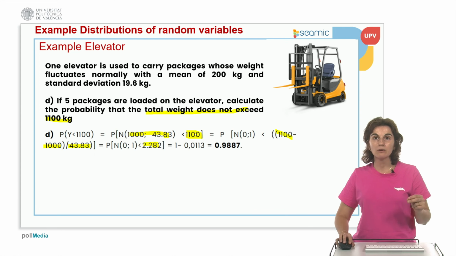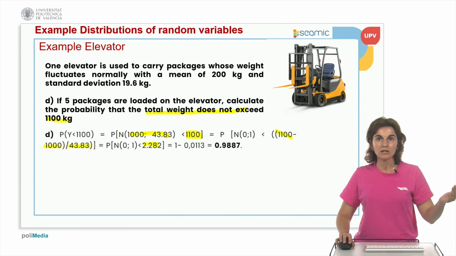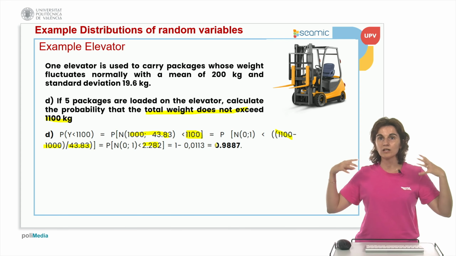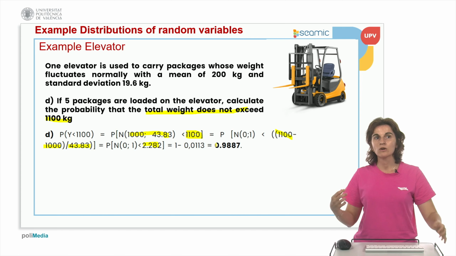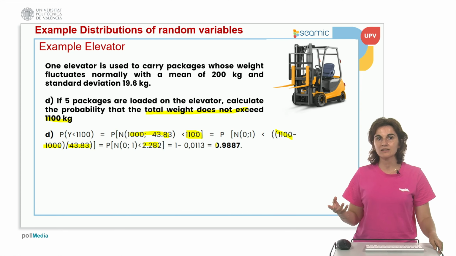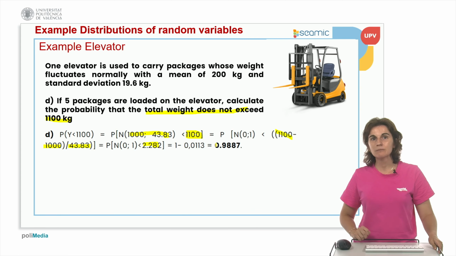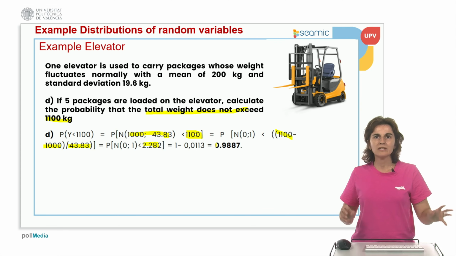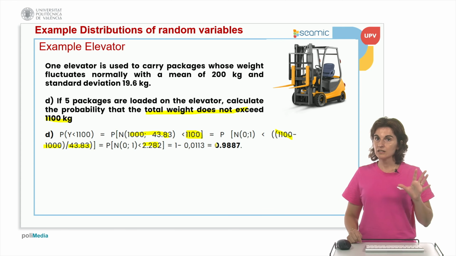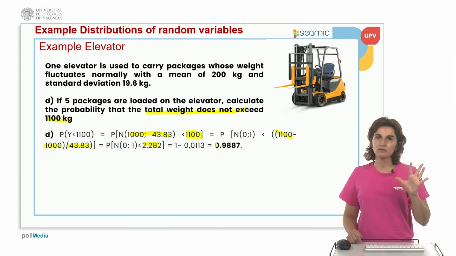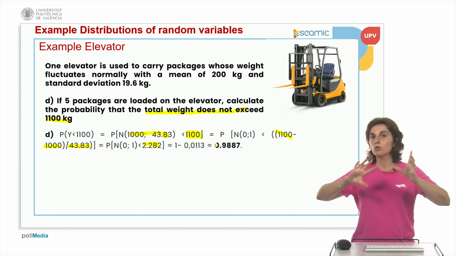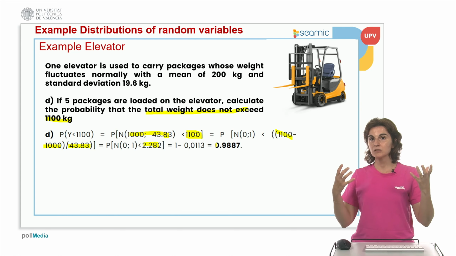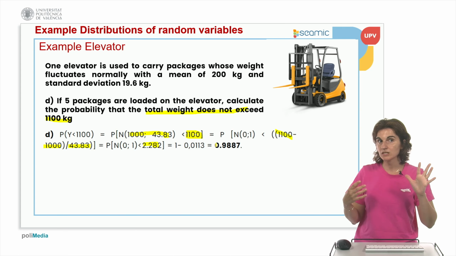So you go to the tables, or maybe you use the calculator, and with this you obtain the probability that the total load is less than 1100 kilograms. Does it make sense? Could be, because we are considering the addition of 5 packages, each of them with a mean of 200, so the expected value of the total is about 1000.